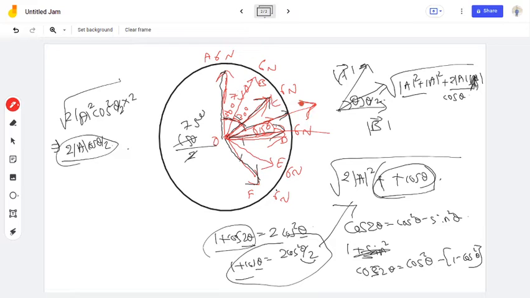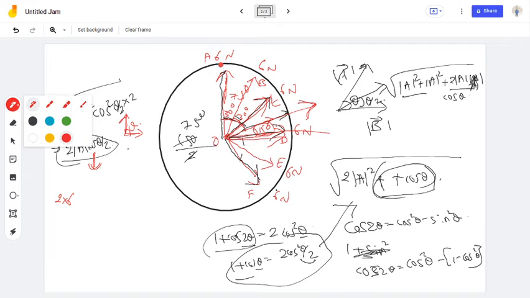Now let's try to find out the magnitude. So this is our formula, the resultant of any two vectors with the same magnitude making an angle theta, right? So the resultant of all these vectors turns out to be 2 into the magnitude of each vector, which is 6.